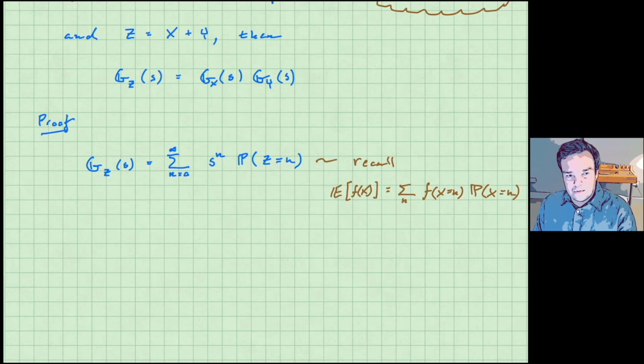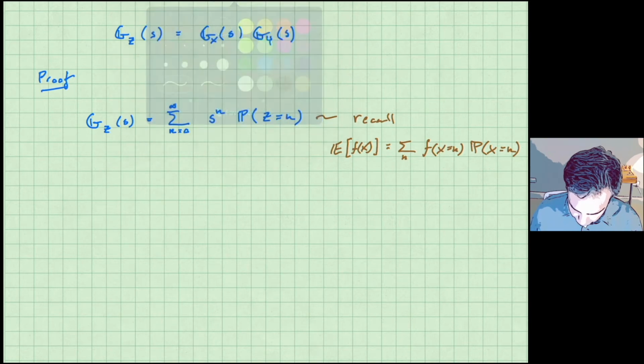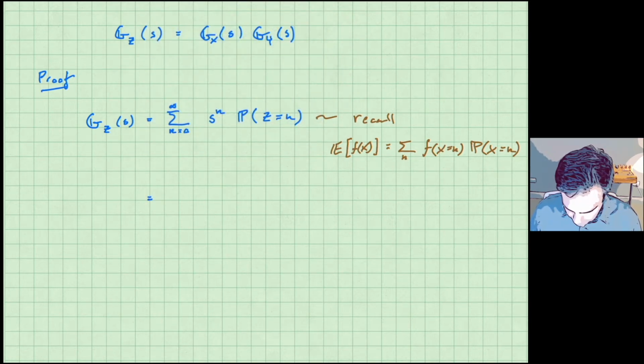And if you look at this generating function on the left, the form of this looks quite similar. The probability mass function is multiplying a very specific function of the argument s. And so this is a kind of a cool trick that you can use repeatedly. This is actually equal to the expected value of s to the Z.